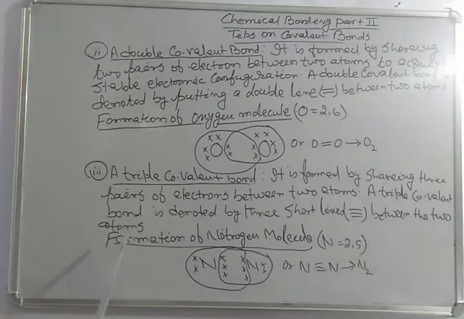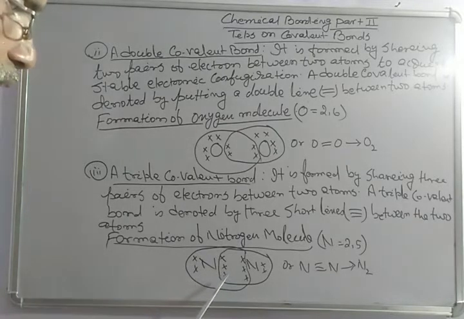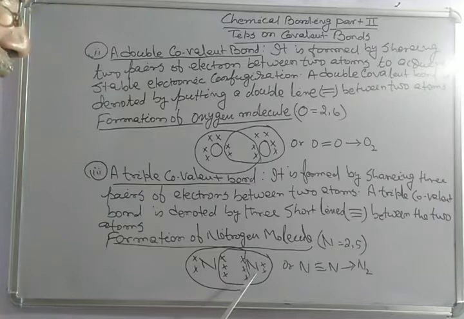For this example I have taken nitrogen. Nitrogen has atomic number 7, with 2 in the first shell and 5 in the last shell. Here 3 electrons are shared with each other. So 5 plus 3 is 8, and again 5 plus 3 is 8.